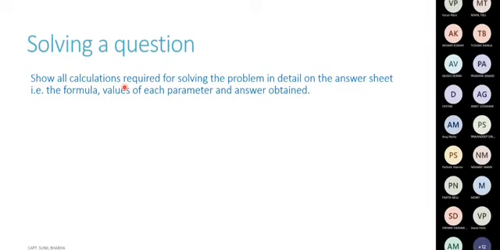All calculations required for solving the problems should be shown in detail: any formula which you are using, the values of each parameter, and the answer obtained. All this should be clearly mentioned on the answer sheet.